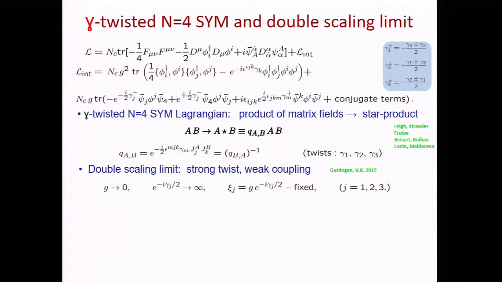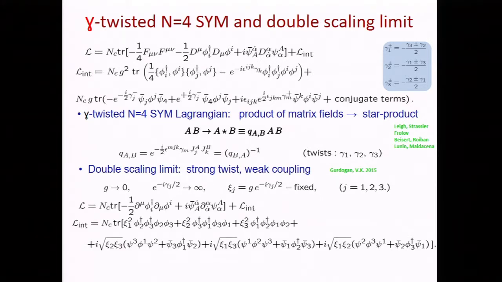And it's immediately clear that all the gauge interactions go away because they are not twisted. It's the twist on the R symmetry side. Then many terms, of course, disappear because they have negative powers of this twist, and only these terms survive.